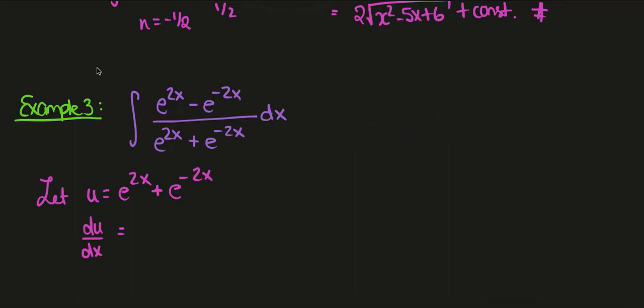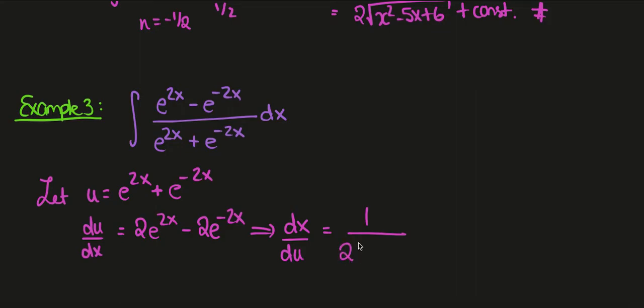What we'll find now is that we get 2e to the 2x minus 2e to the minus 2x. Now dx on du is 1 over 2 times e to the 2x minus e to the minus 2x. And this is much better. So dx is now du over this.